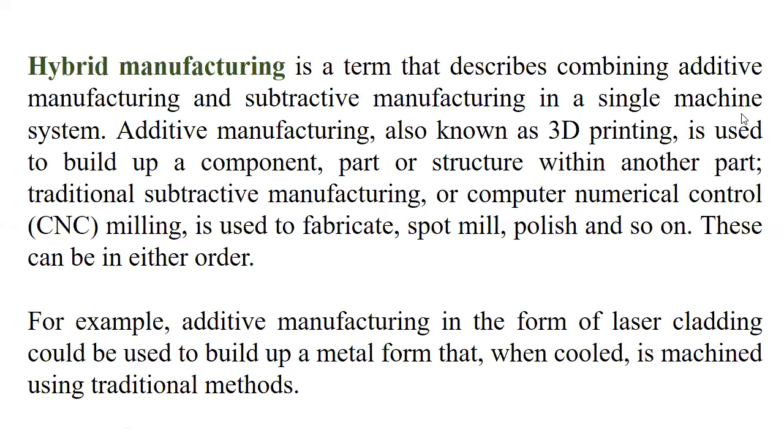Additive manufacturing, also known as 3D printing, is used to build up a component, part, or structure within another part. Traditional subtractive manufacturing, or computer numerical control, that is CNC milling, is used to fabricate the part.